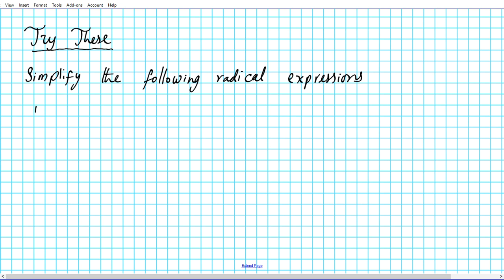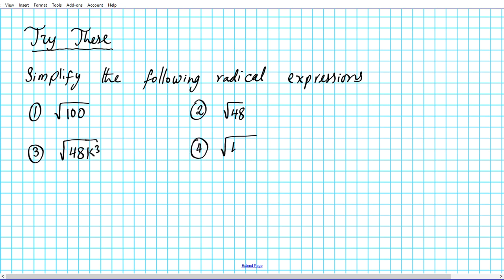Alright, for question 1, we'd like you to find the square root of 100. Question 2, square root of 48. Question 3, find the square root of 48k to the third power. Number 4, find the square root of 45b squared.